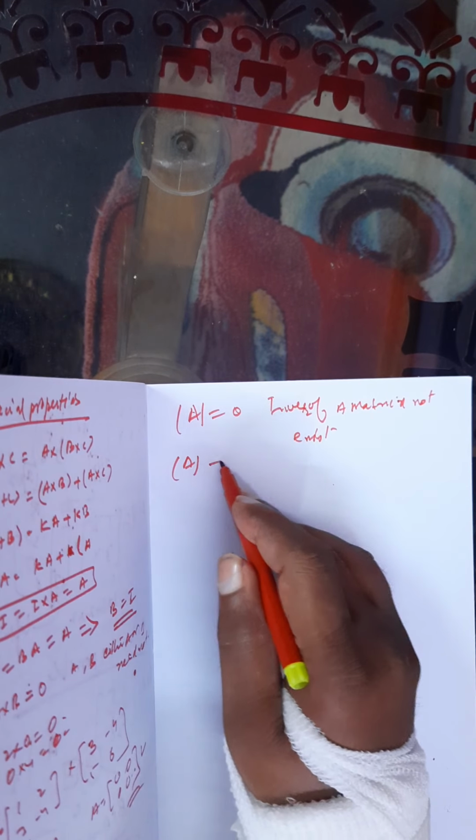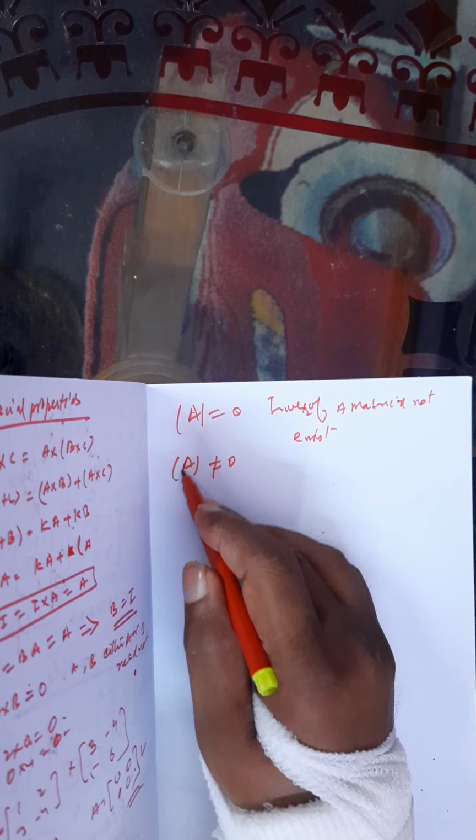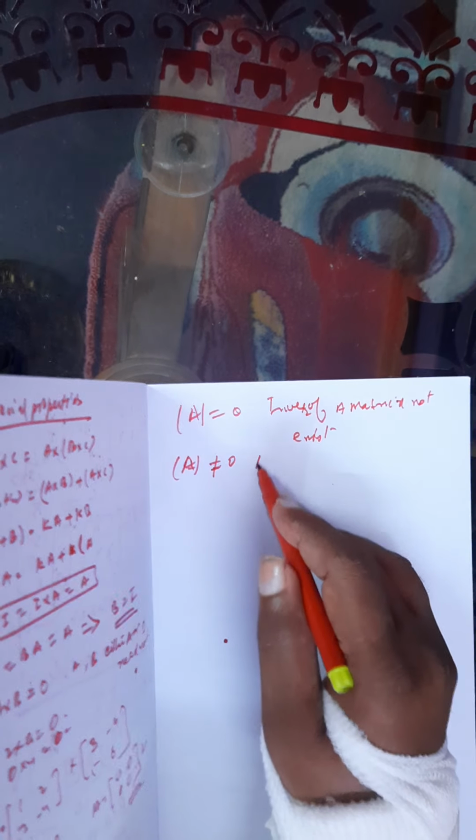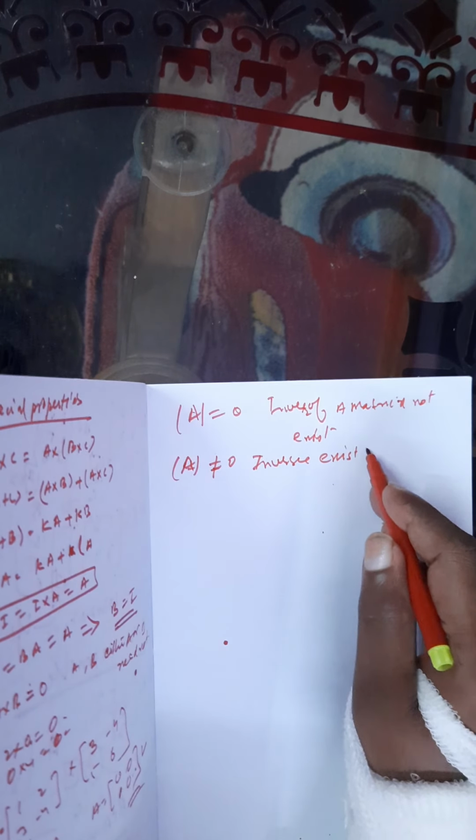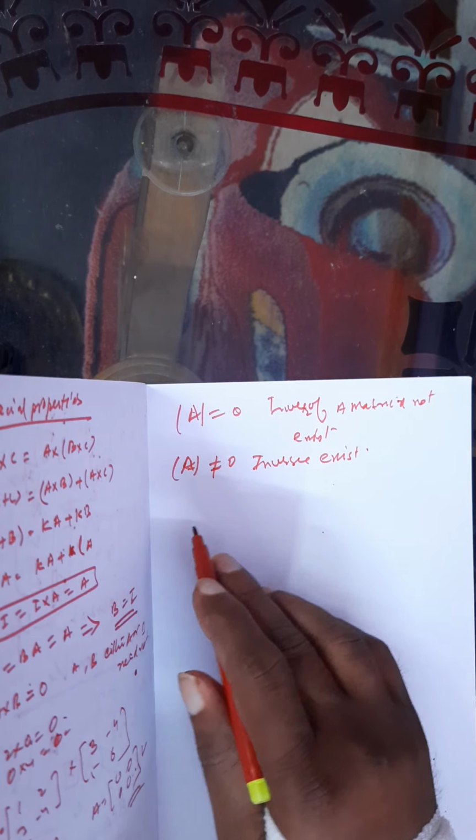If the determinant of A is not equal to 0, the inverse exists. Okay, these are the points to remember.